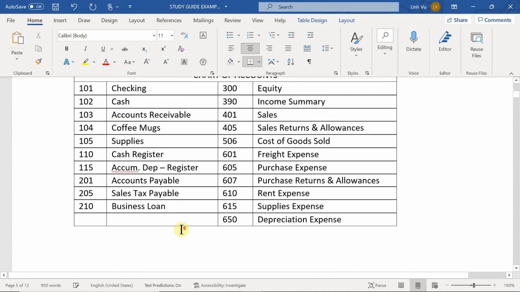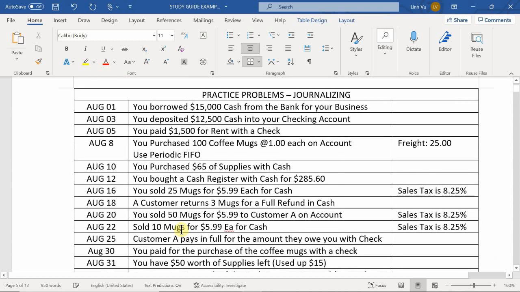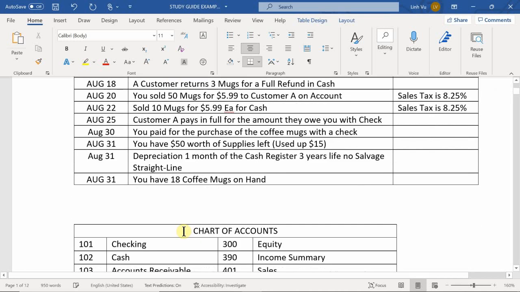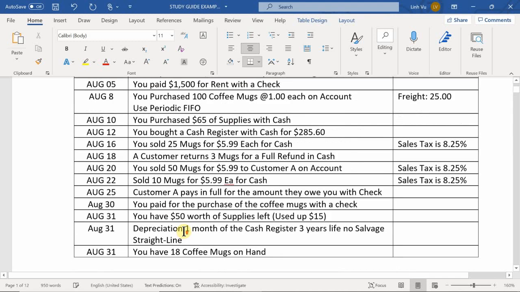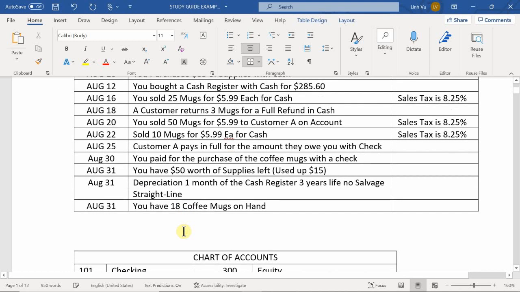So you sold 50 coffee mugs to customer A on account. What account are we going to be using? Purchases expense? Who bought from us, or did we buy?